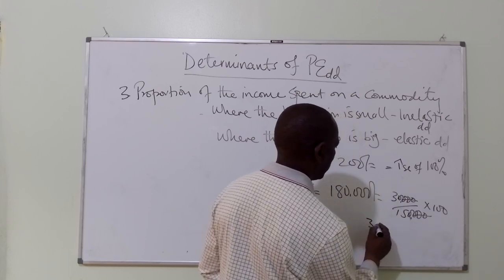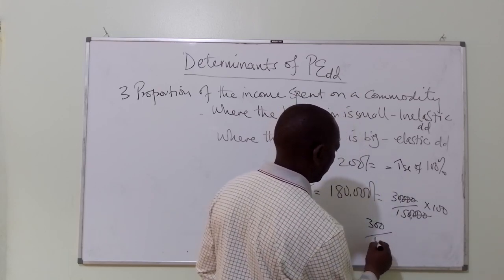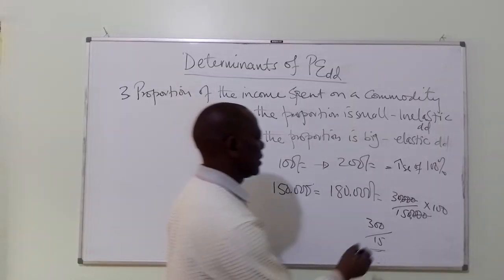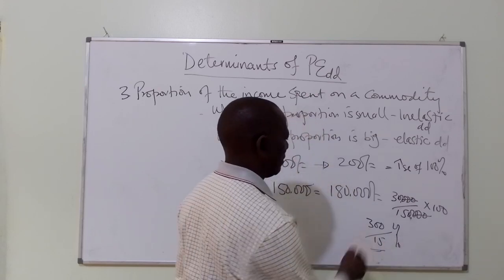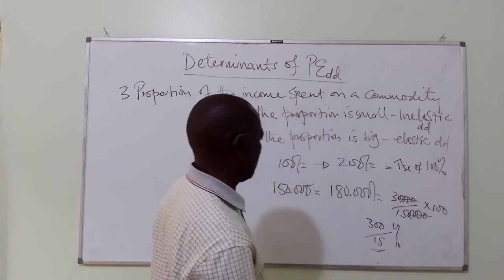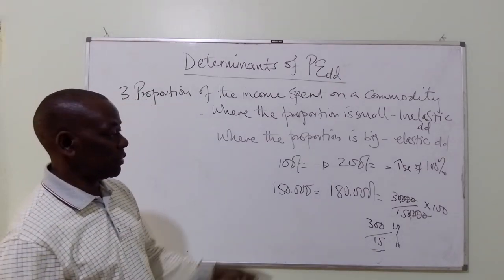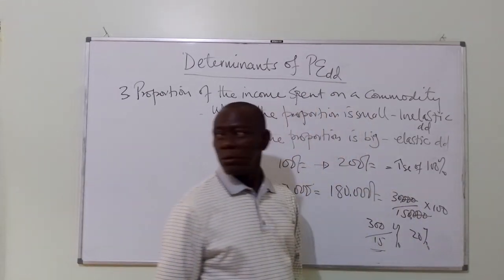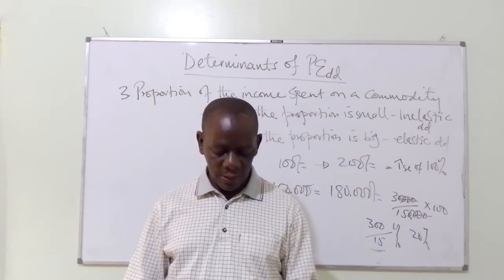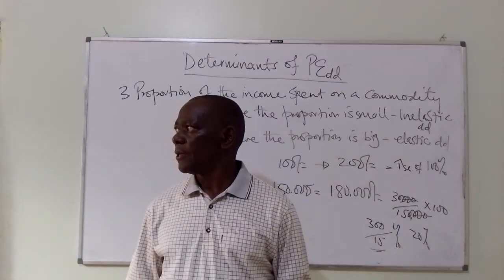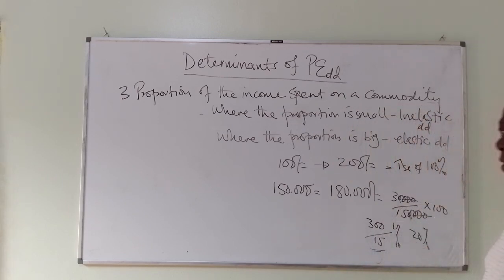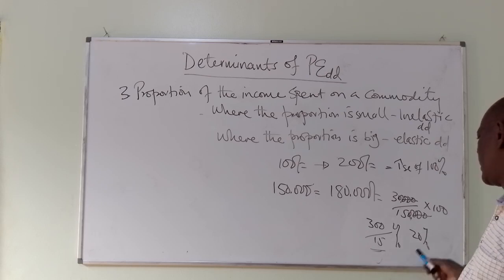So you're going to have 300 over 15. The percentage is about 20%. 20% is the change in the price.